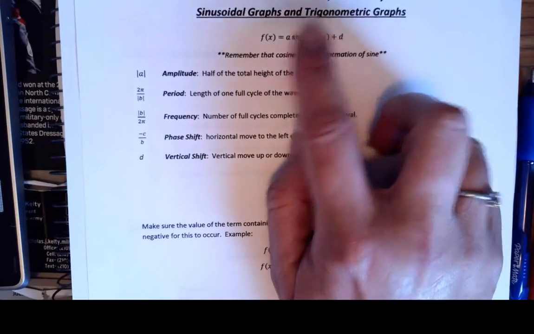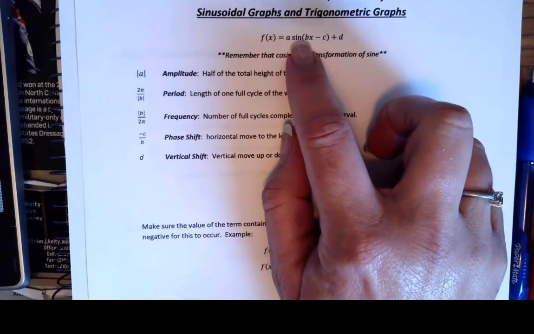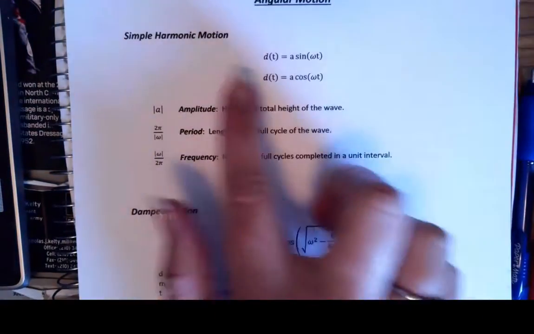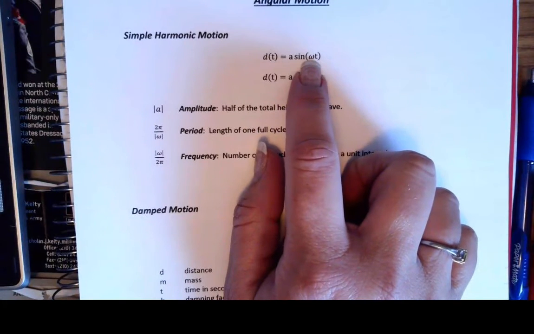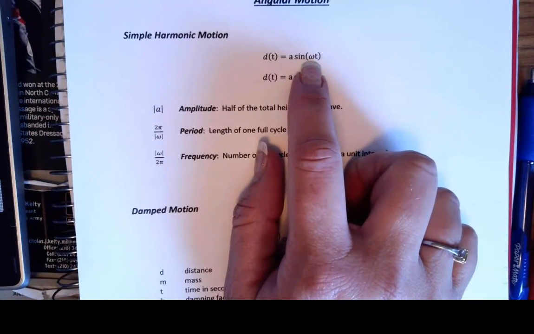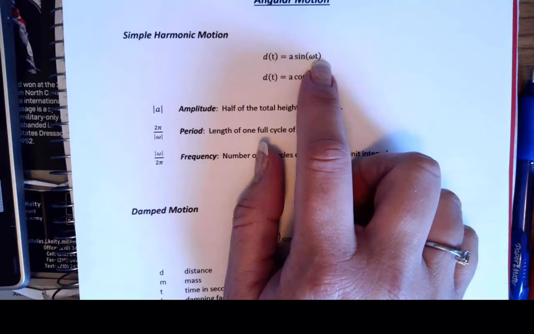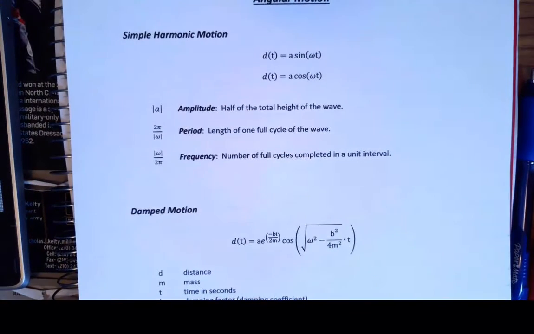Okay, so we are simply looking at amplitude, and we are looking at what the coefficient would be that affects the period. So for these notes, I've simply reworked it where instead of having a b, which is what we had before, I have an omega, and instead of using x, we're using t for time.